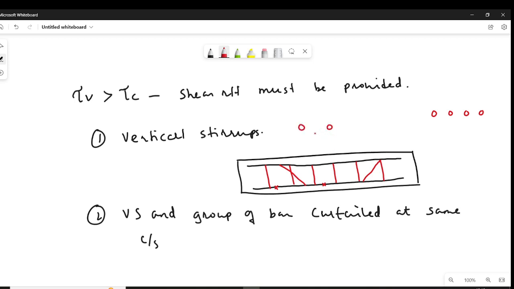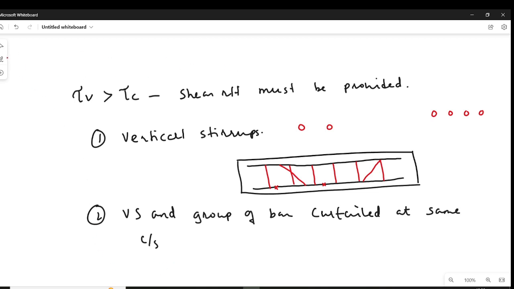Where are the two bars? Two bars are curtailed and they are going to the top. These bent up bars, these curtailed bars, will also resist the shear force. This will also act as shear reinforcement. That is the point.